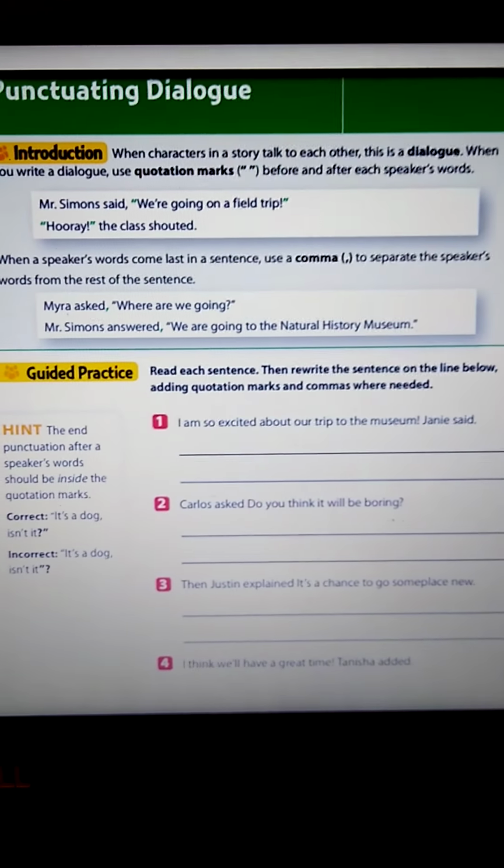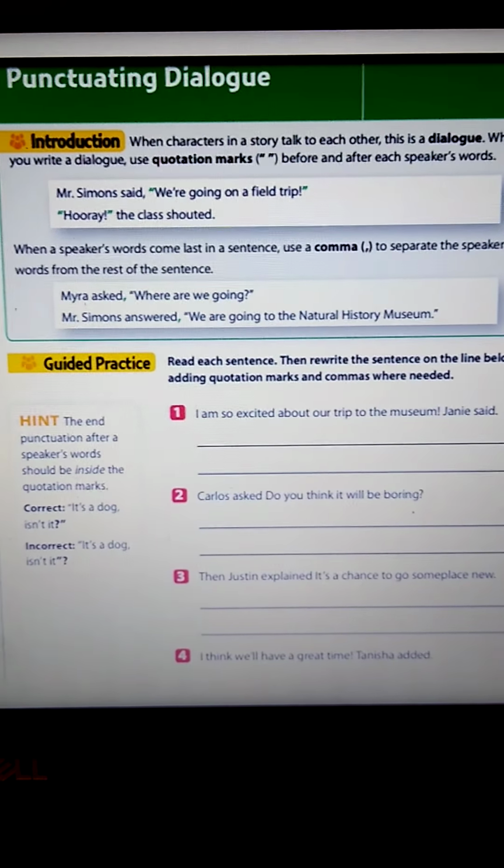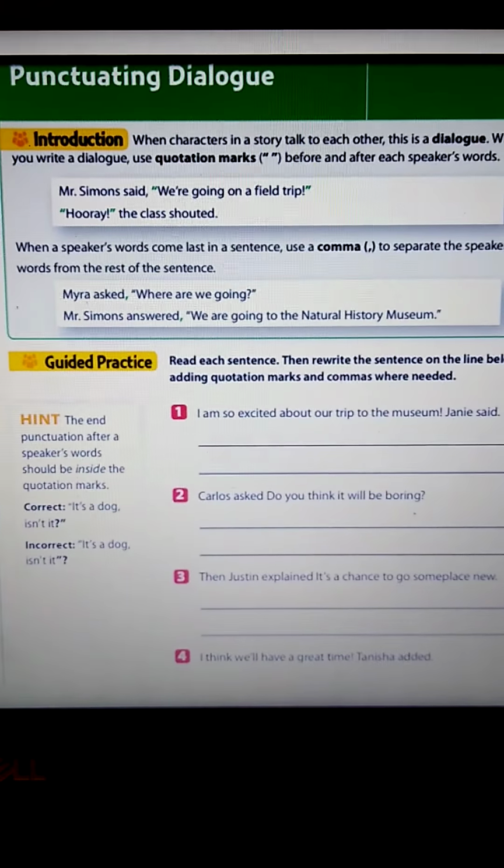"Hooray!" the class shouted. So again, the class just said hooray. So at the beginning and the end with their punctuation in there. When a speaker's words come last in the sentence, you use a comma to separate the speaker's words from the rest of the sentence.